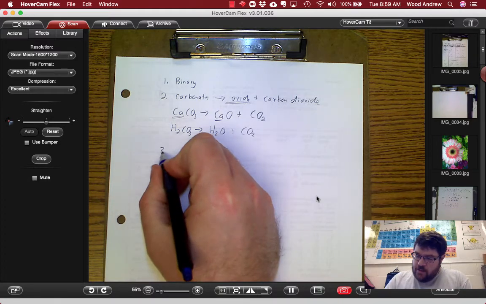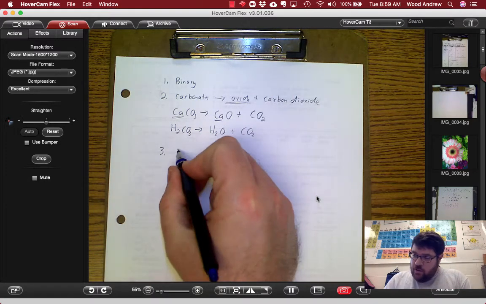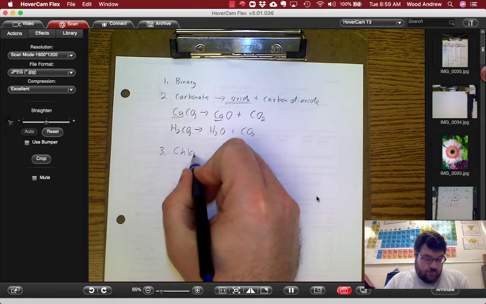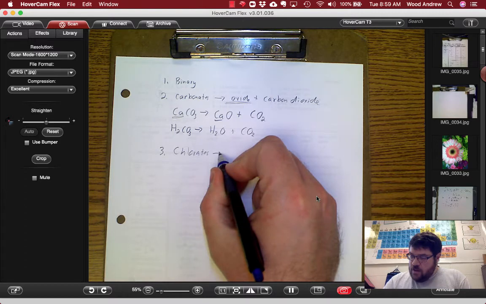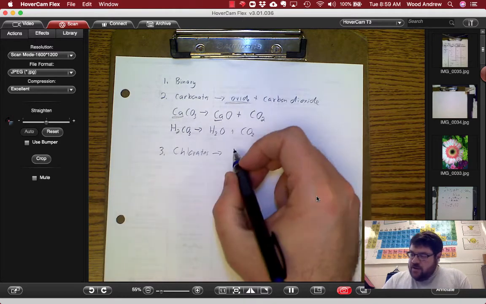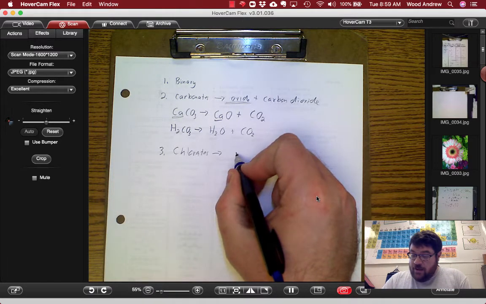Okay. Type number 3, chlorates. Again, you should be familiar with chlorates. That's one of the polyatomics you're supposed to know. So chlorates will break down. They call it a binary salt. I prefer the term a chloride.